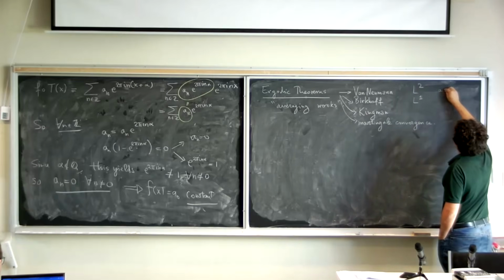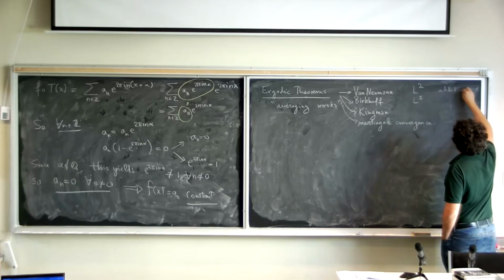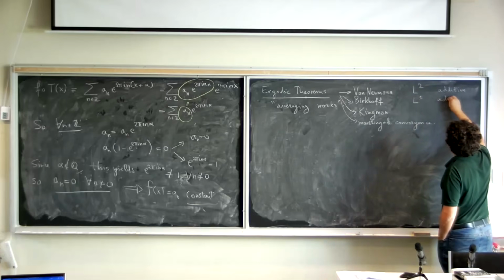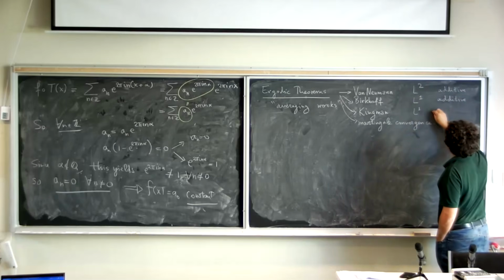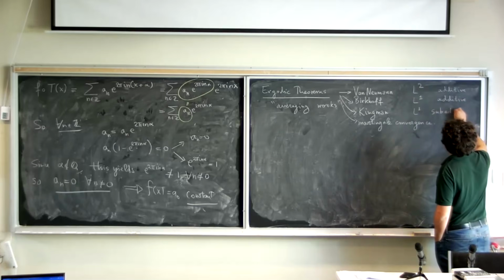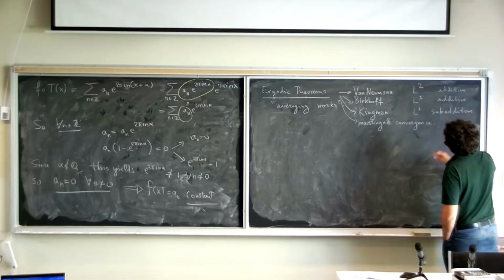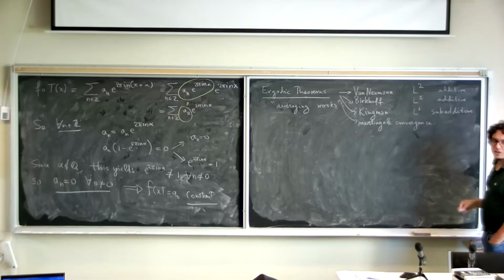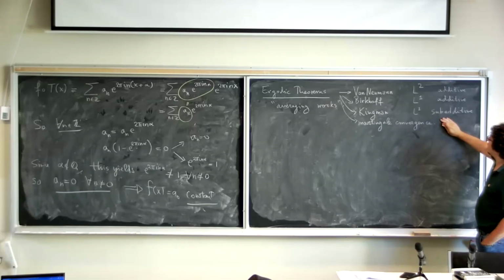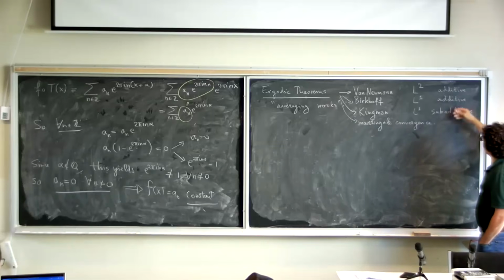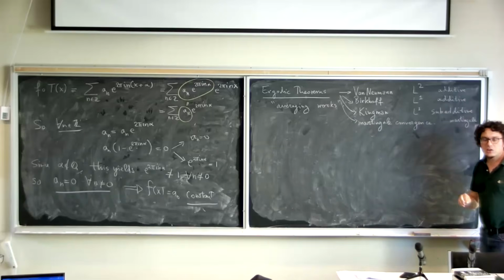Those are for additive processes, and I'll define exactly what that means. Kingman's is in L1, but only for subadditive processes, so it's more general, and we will use it a lot in this course. The martingale convergence theorem is for another type of process, a martingale, which is not quite a subadditive cocycle, but has some close similarities to it.